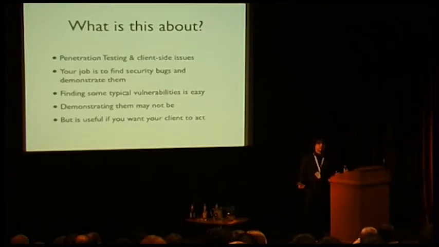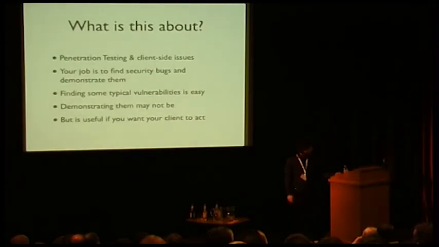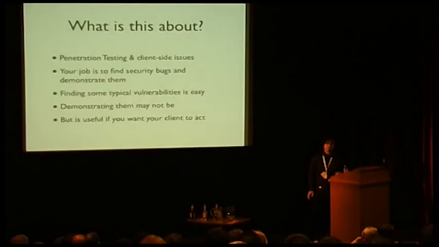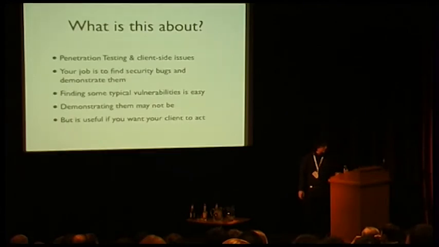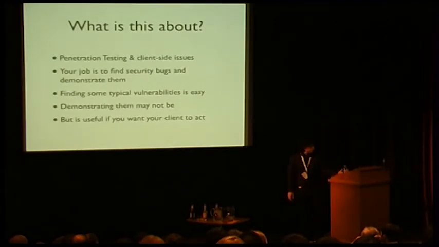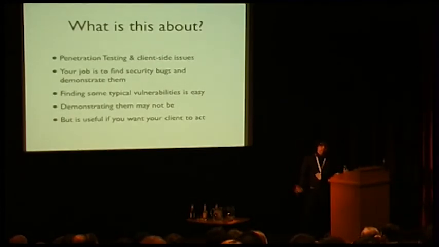It's going to tell you that crossdomain.xml is very permissive, for example. It's very straightforward. But demonstrating these issues might not be so straightforward in a number of cases. So that's what I'll be talking about here.